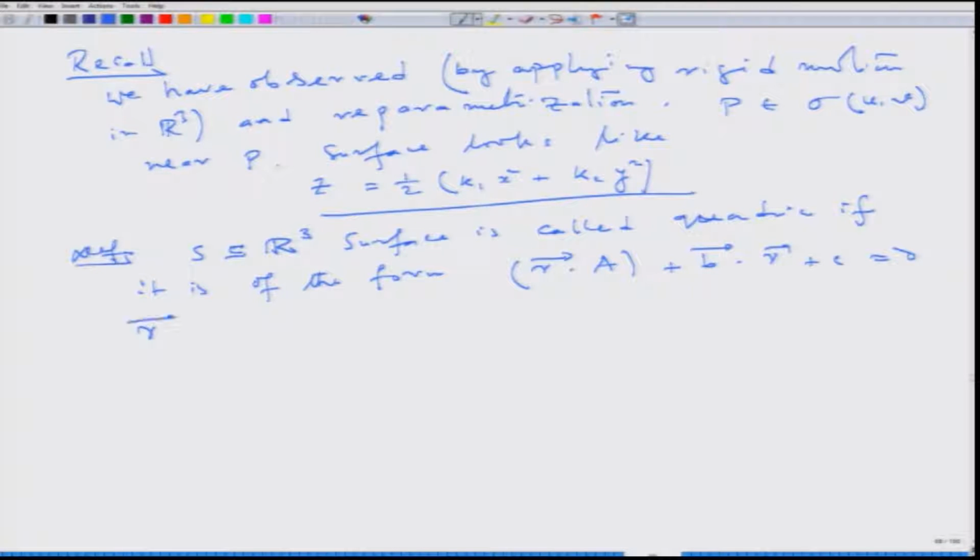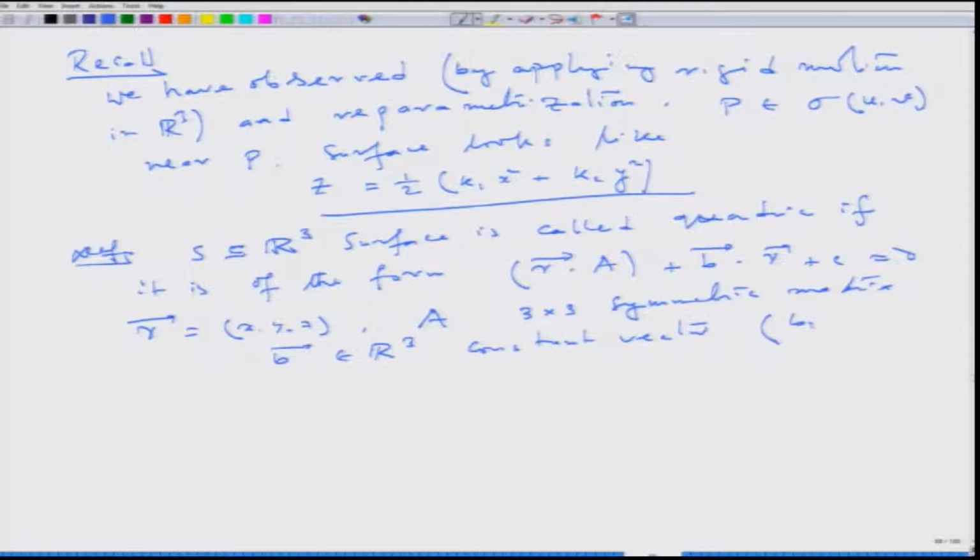So, R is a vector (x, y, z), A is a 3 cross 3 symmetric matrix, B is a constant vector (B1, B2, B3), and C is some constant.